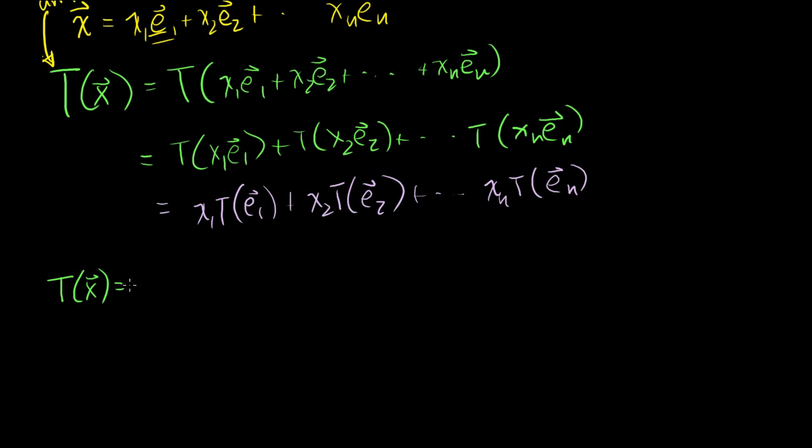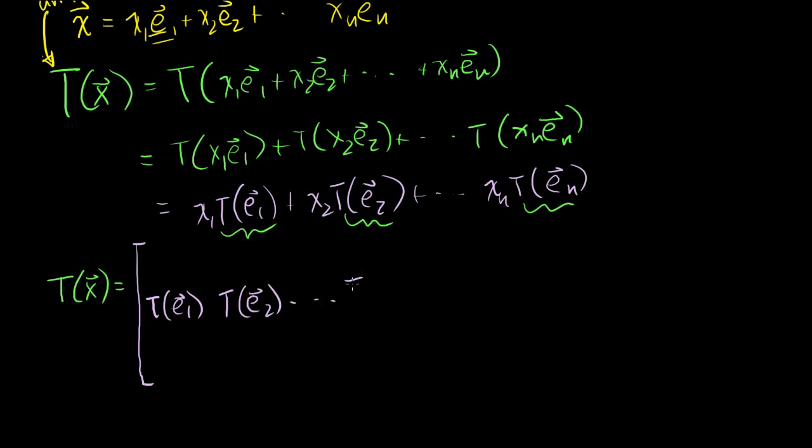If we view each of these as a column vector, this is equal to the matrix where the first column is T(e1), the second column is T(e2), and then we go all the way to T(en), times x1, x2, all the way to xn.